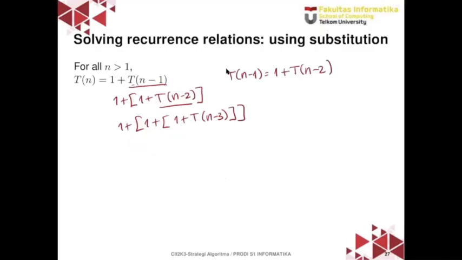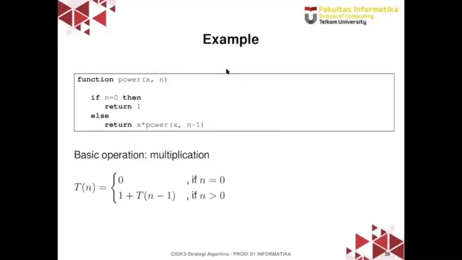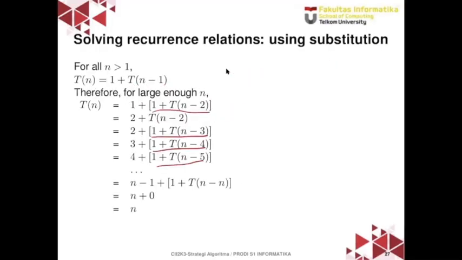Now back to the function we have before, the base case is n equals 0. So here we want to have T(0), so we need to subtract n from n, so that we can have n minus 1 here. So this is equal to T(0), which is equal to 0. N minus 1 plus 1 is n. So we have T(n) equals n, which means that it belongs to big O of n.